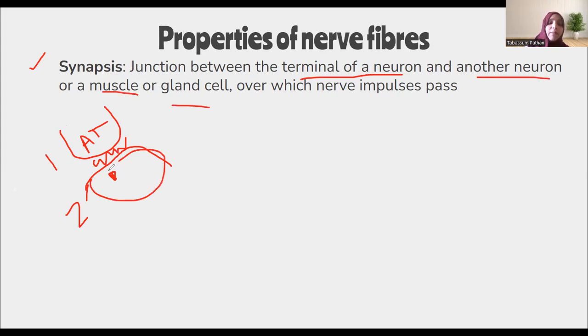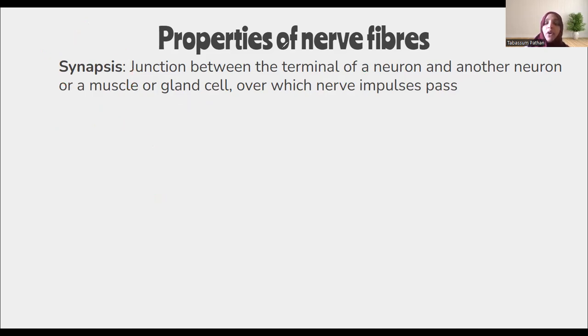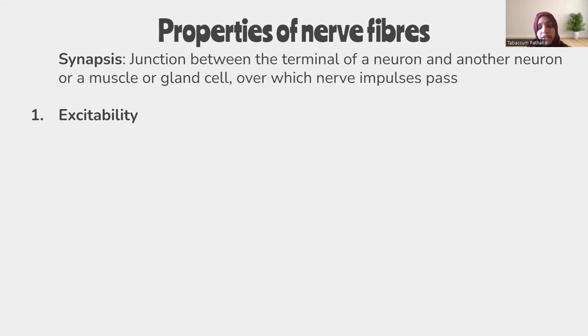So this can be either a muscle or a gland or a neuron. Okay, so the space which is present in between the junction, this is known as the synapse. The impulse has to be traveled from here to here via this space, this junction or this synapse. Okay, so before understanding the types, let's just discuss the properties of the nerve fibers.